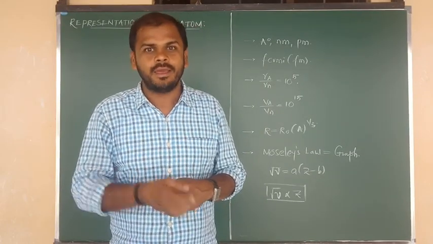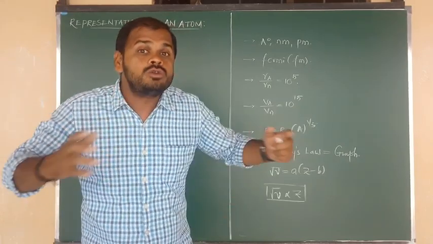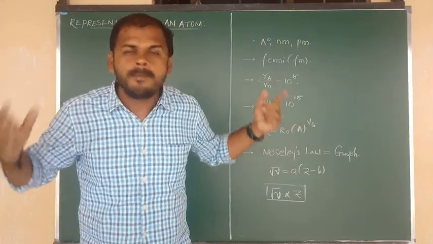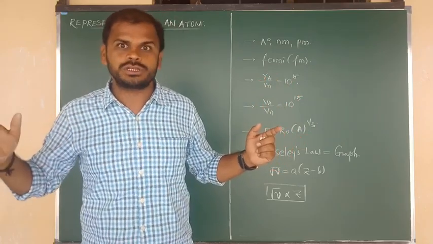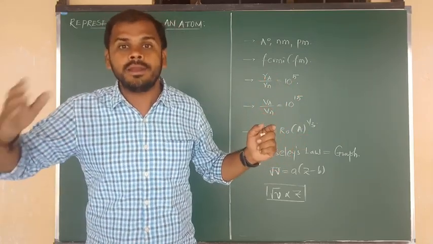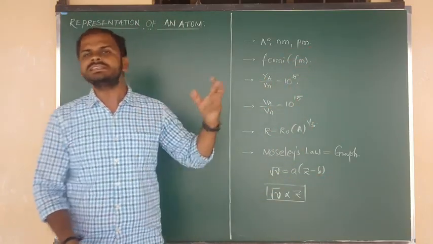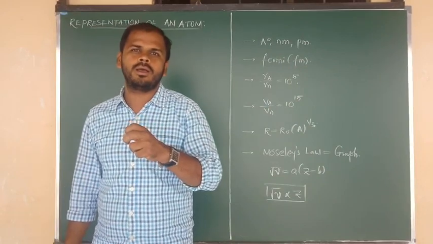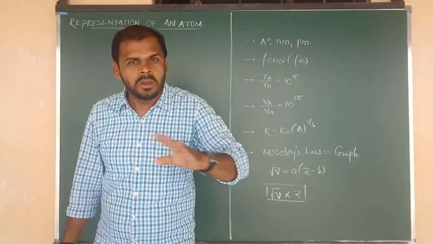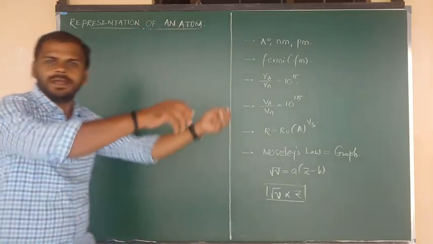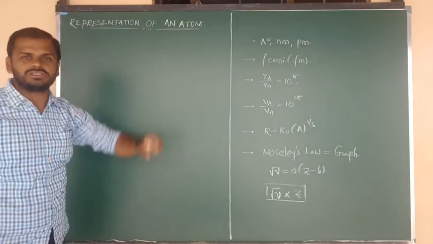Especially in this class, I am going to show you how to calculate the number of electrons, protons and neutrons in a neutral atom, in a cation and in an anion, in various types of species. Okay, beta? Yes. So let me go to the representation of an atom.